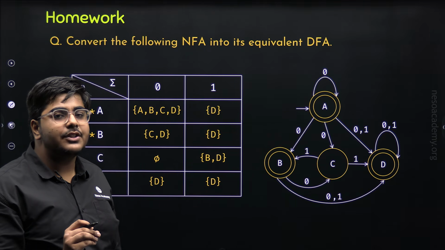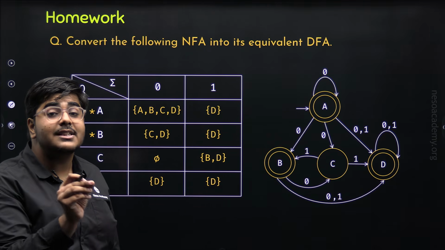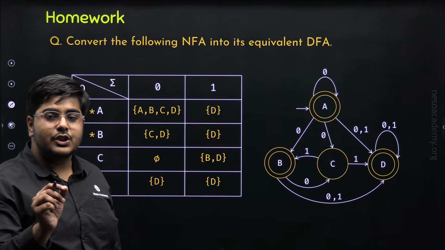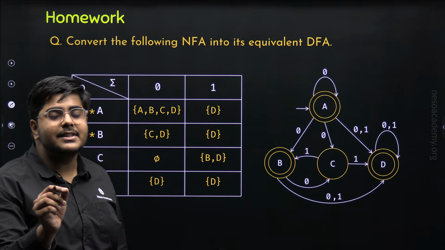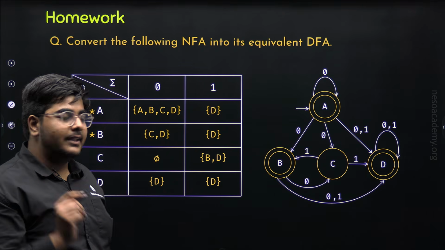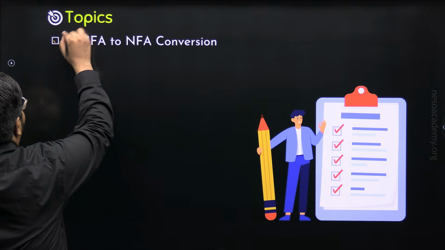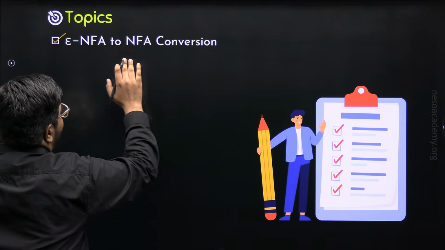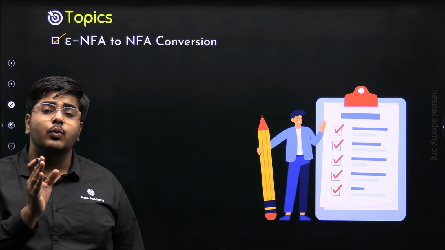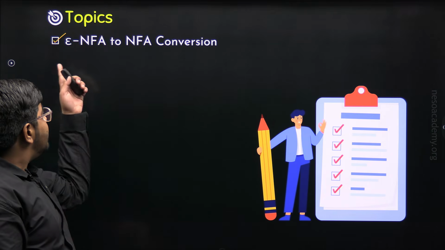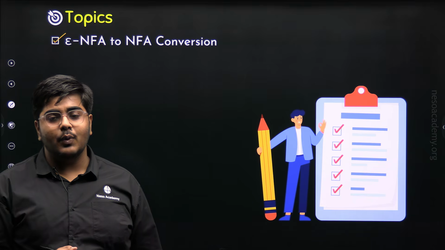We have already understood this topic, that is the subset construction algorithm. So as a part of your homework, you need to convert this into a deterministic finite automata. In this way, we have completed our topic Epsilon NFA to NFA conversion. In the next lecture, we will solve one problem based on Epsilon NFA to NFA conversion.